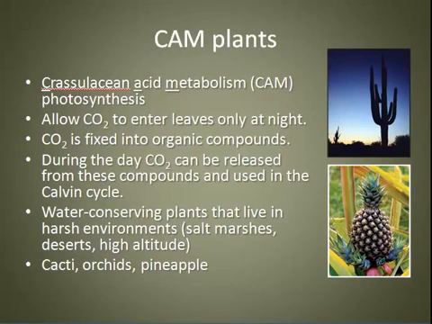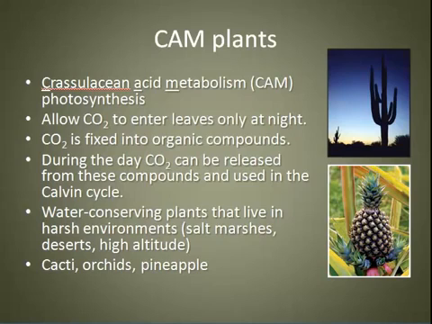In the desert, stomata are open only during the night. And in the CAM pathway, CAM stands for crassulacean acid metabolism photosynthesis. This is what the plants do. They keep their stomata closed during the day. When the CO2 does enter the plant cells, it gets fixed into a variety of organic compounds.